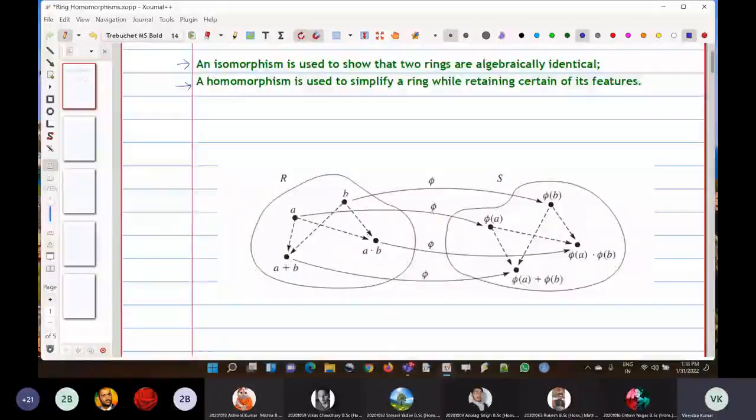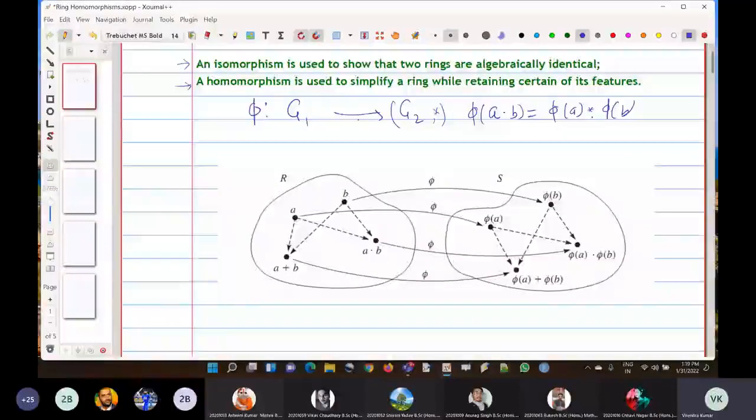So just like in group theory, if we have two groups, G1 and G2, and phi is a function from G1 to G2, we say that this is a homomorphism if for any two elements a and b of G1, we can write phi of a star b equals phi of a dot phi of b, where star is the operation of G1 and dot is the operation of G2.